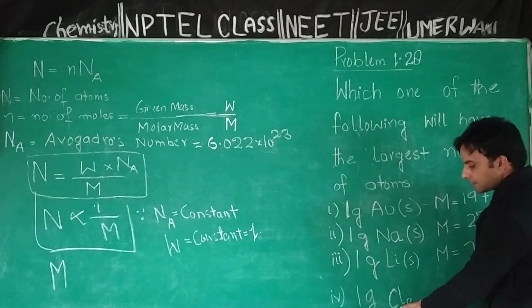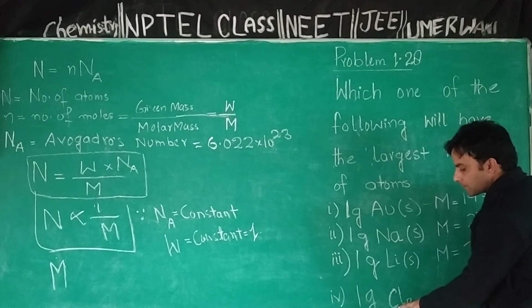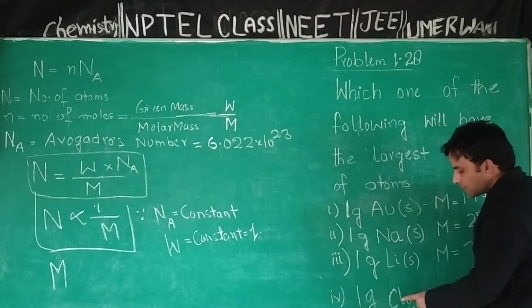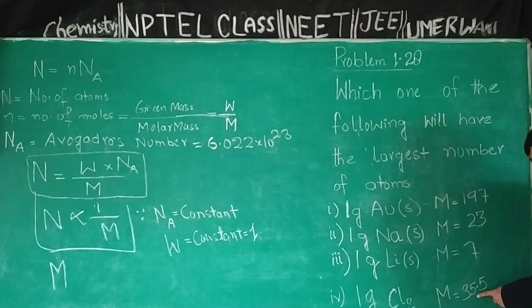Actually, here I can calculate first the number of molecules and then I have to multiply the number of molecules by atomicity, which is 2. So its molar mass is actually 71, and 2 divided by 71 will come equal to 35.5. So I am taking its molar mass equal to its gram atomic mass 35.5.